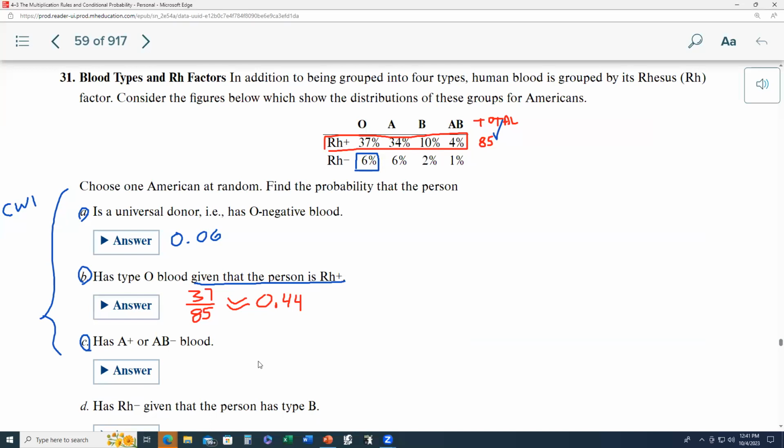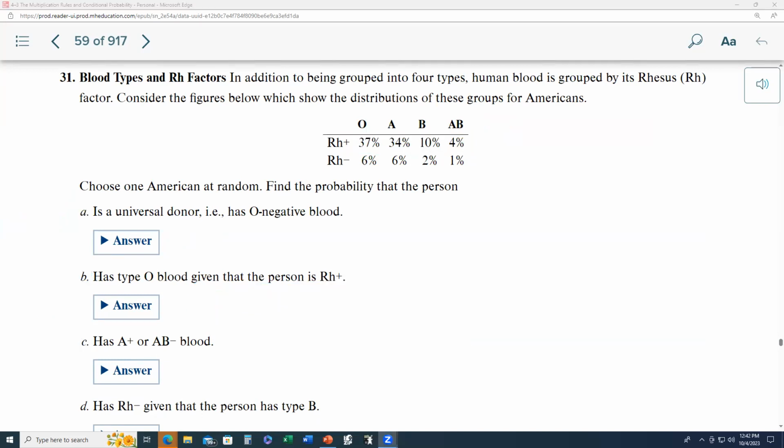C, what's the probability somebody randomly selected has A positive or AB negative blood? So that's A positive. Hold on a second. Let me erase this here. Okay.